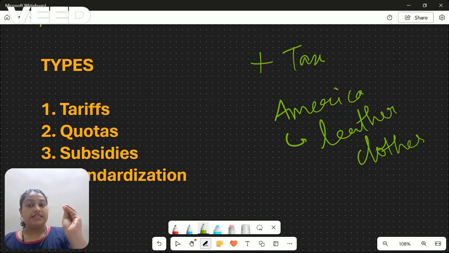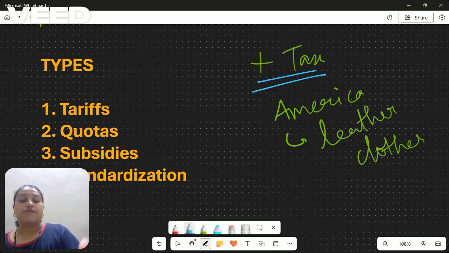So at that time, the Indian government will say, okay, if you want to make the trade in India, then you will have to pay tariffs. That is, the customers will have to pay extra tax for those products which are imported from other countries, so they will have to pay extra.